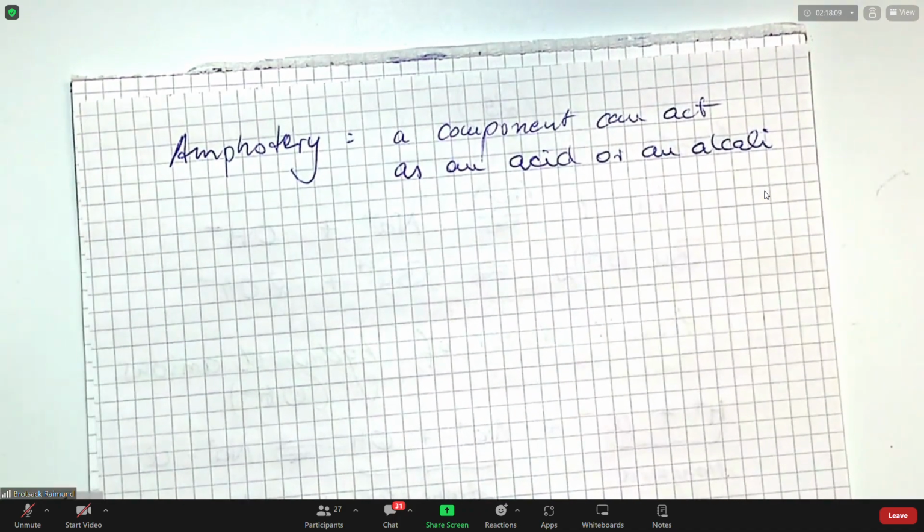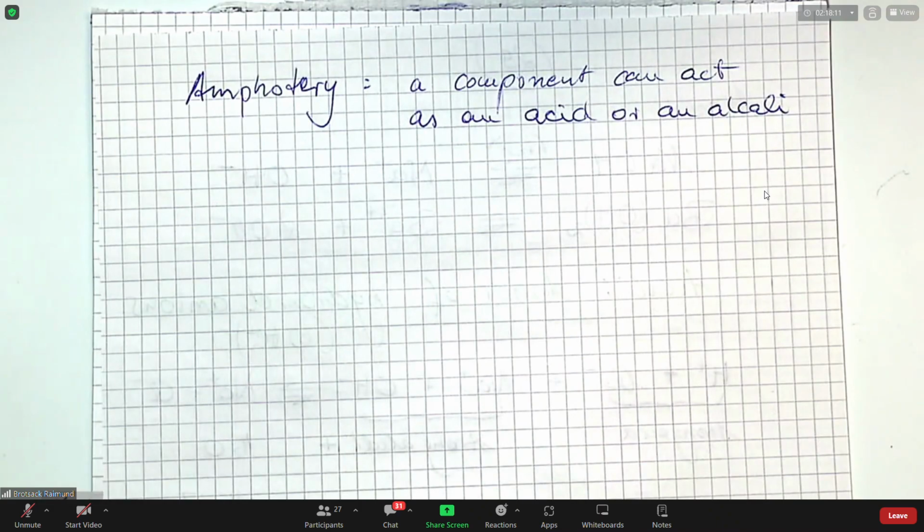If this is possible, we call it amphoteric. The water has an amphoteric character. It can act as an acid or an alkali.